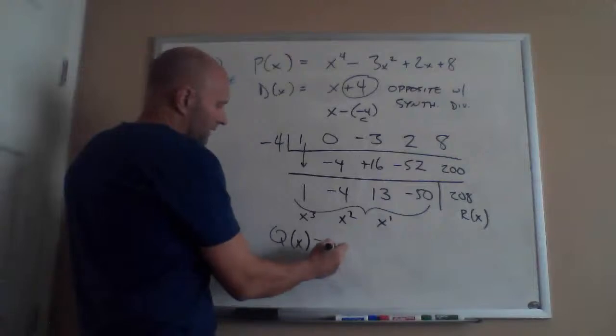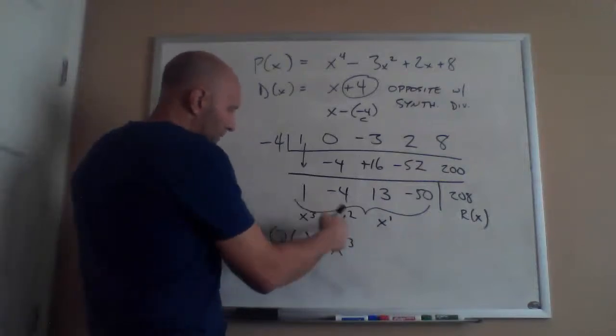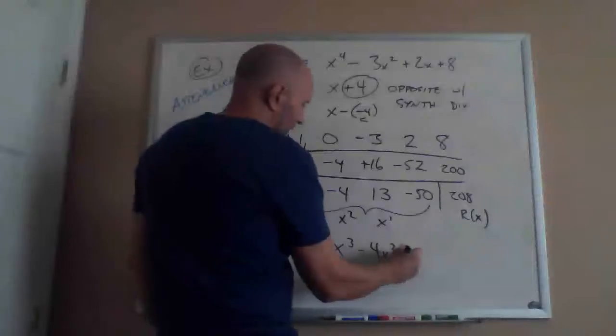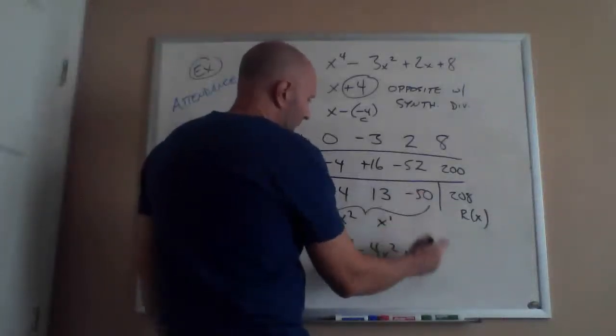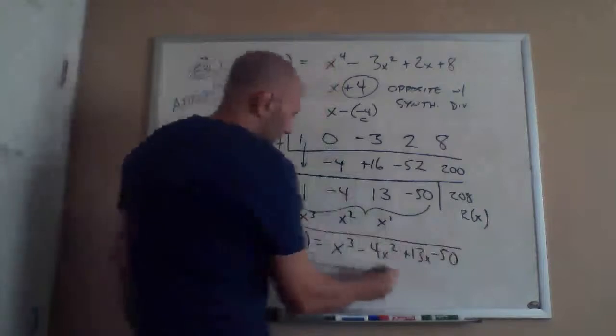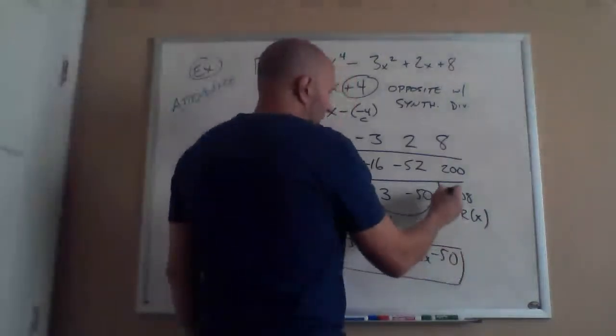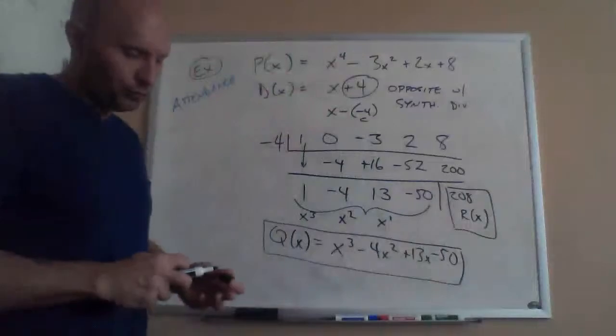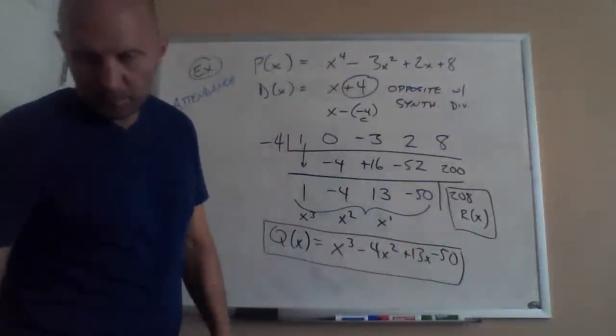So q of x is x to the 3rd minus 4x squared plus 13x minus 50. R of x, the remainder, is 208. Does that make sense to everybody?